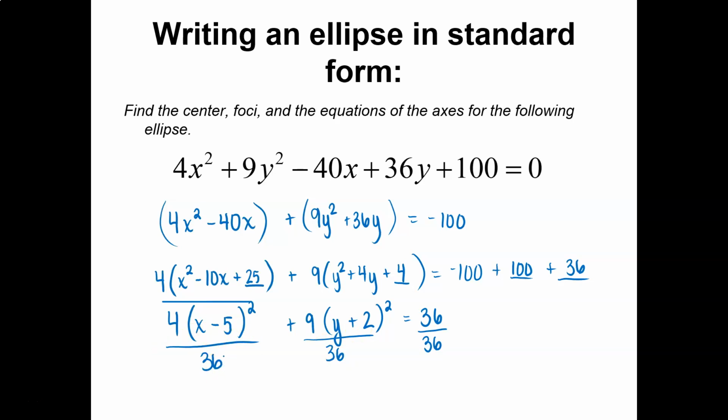All right, so if you divide everything by 36, now these do not always simplify, but most of the time they will. If I reduce 4 over 36, what could I divide both of those numbers by? 4. So divide by 4 here, divide by 4 here. I will get x minus 5 squared over 9.